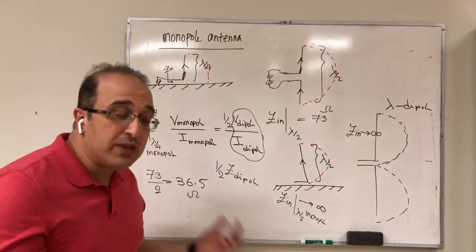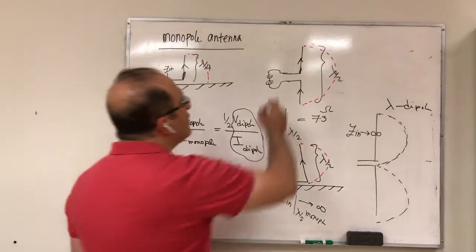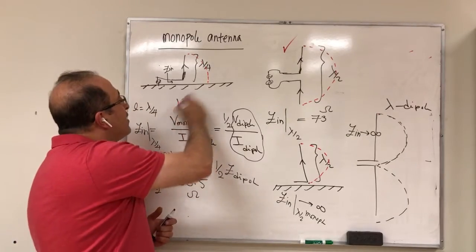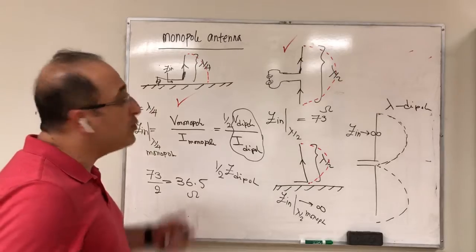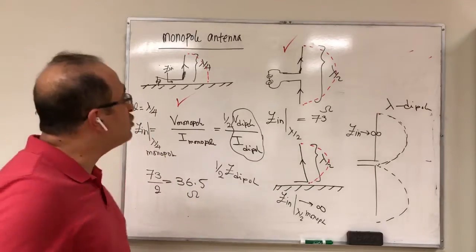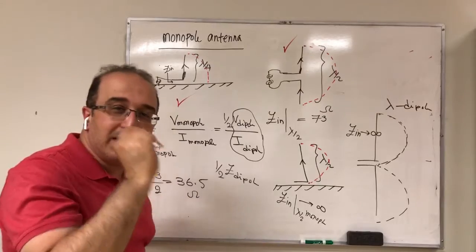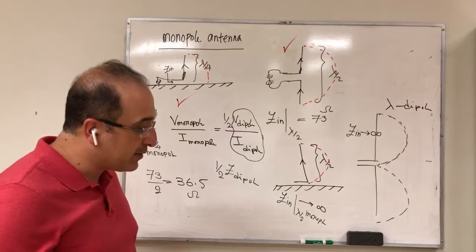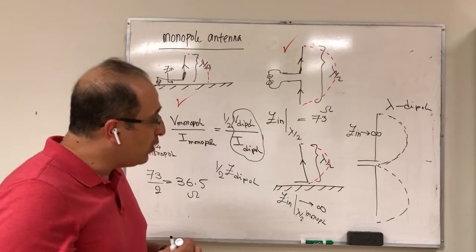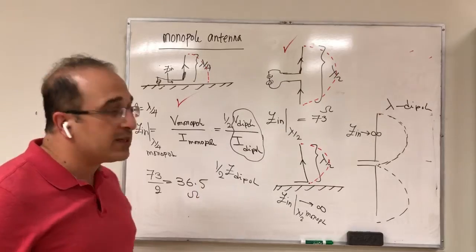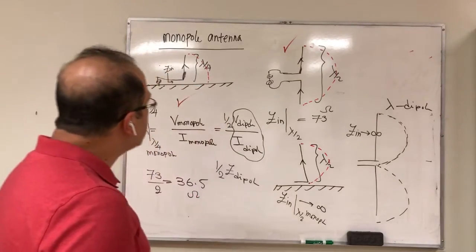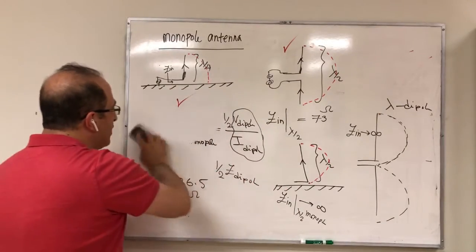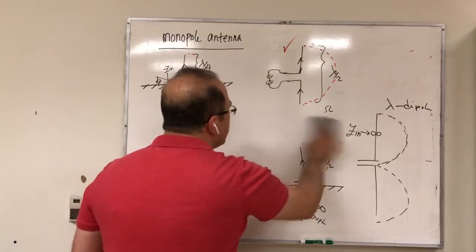What was the conclusion for the dipole antenna? That a half wavelength dipole antenna is a fantastic antenna. Therefore, correspondingly, a quarter wavelength monopole would be a fantastic monopole. But you just need to cut a little bit of that to be slightly less than a quarter wavelength, lambda by 4. So this is the discussion on Z in. Now let's discuss, for example, directivity.